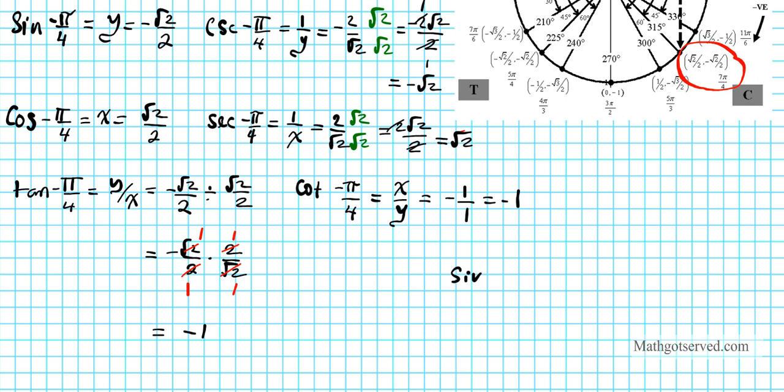Sine of negative pi over 4 equals negative root 2 over 2. Cosecant of negative pi over 4 equals negative root 2. Cosine of negative pi over 4 equals root 2 over 2.